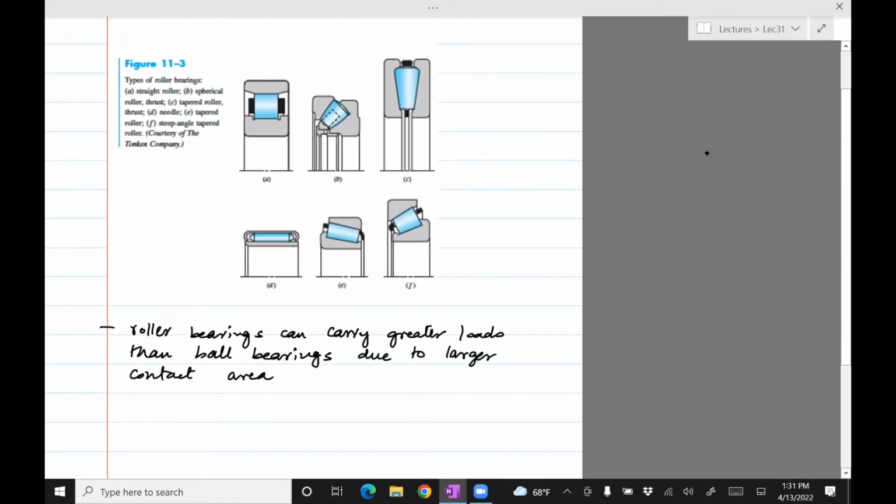Bearings carry weight through the contact area of the balls, and balls make contact at one small part of their surface, while roller bearings make contact over a bigger surface area, which means they can take more load than ball bearings. So heavier industrial applications use roller bearings over ball bearings. Again, they're more expensive than ball bearings.